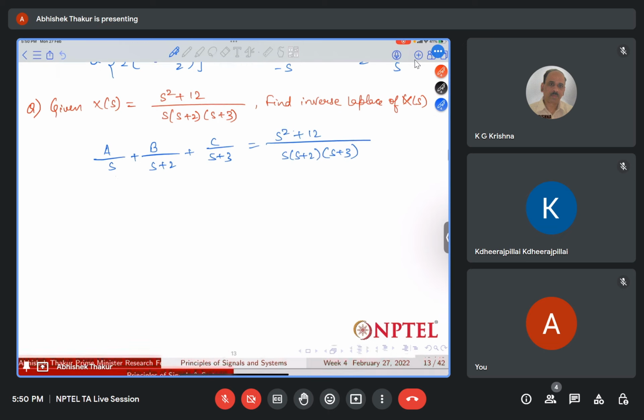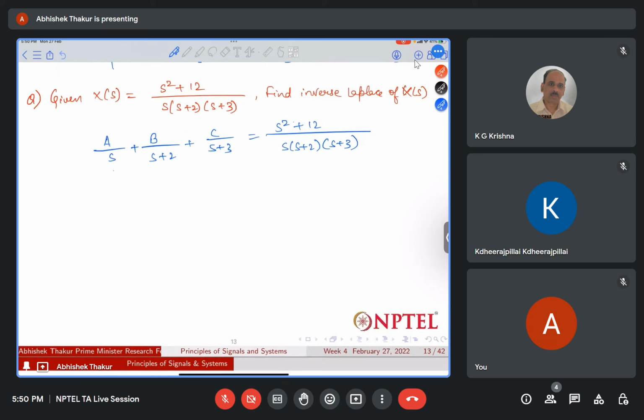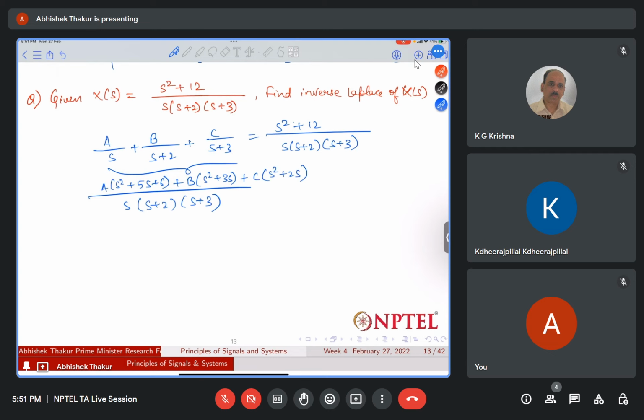So this can be written as a into s plus 2 s plus 3, that is a into s squared plus 5s plus 6, plus b into s squared plus 3s, plus c into s squared plus 2s. Now we'll equate all these coefficients.